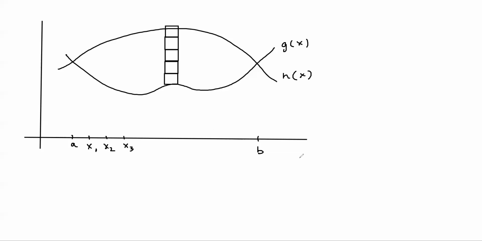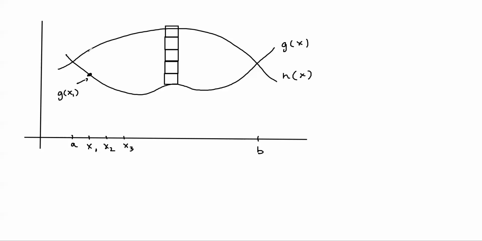So if we're at X1, how can we figure out where to put our boxes? How can we figure out where to draw them? Well, what you could do is take X1 and plug it into these two functions. If you take X1 and plug it in, it's going to give you this point. That's going to be g of X1.